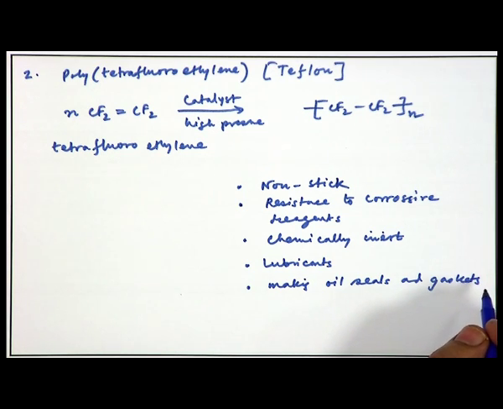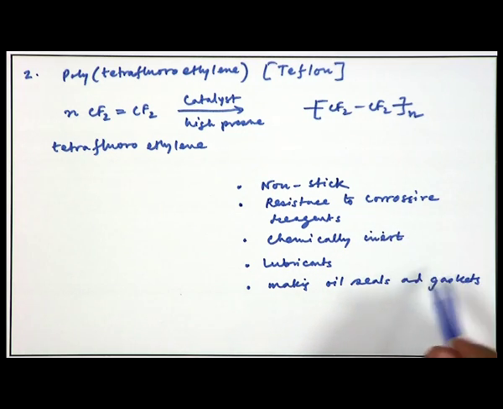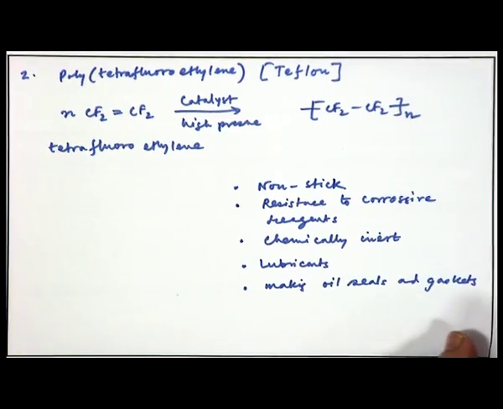All the non-stick utensils we use have a coating of polytetrafluoroethylene or Teflon, and because it is chemically inert and resistant to corrosive agents, it can be used as an oil sealant and in gaskets. We are talking about addition polymers.